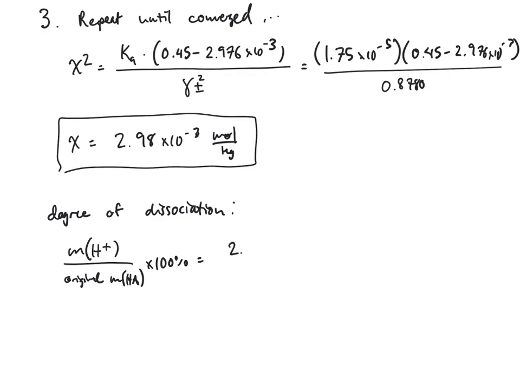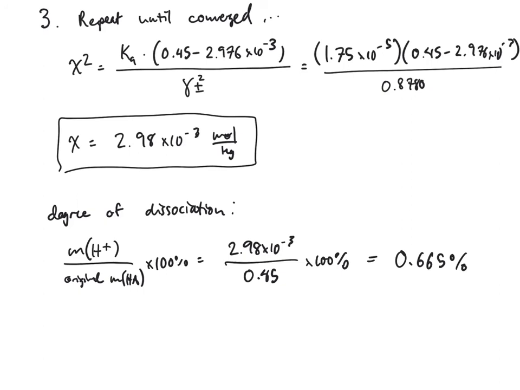So this, we just plug in 2.98 times 10 to the negative third there, and we plug in 0.45 right there times 100%, and the result we get once we plug that into our calculator is 0.6%, so less than 1% of this acid is dissociating.